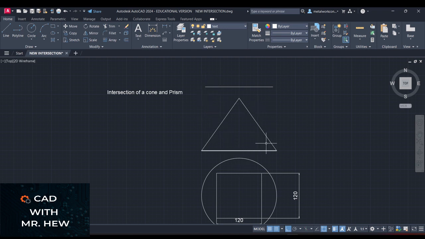The prism will be too large for the cone. So I'm going to draw a line going up, a line coming down. Here, coming down to there, enter.